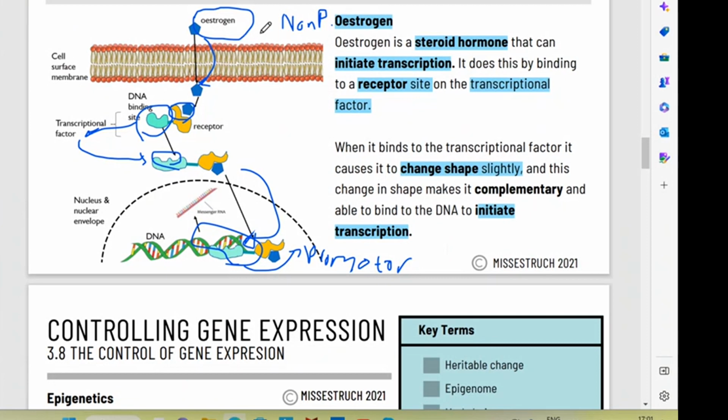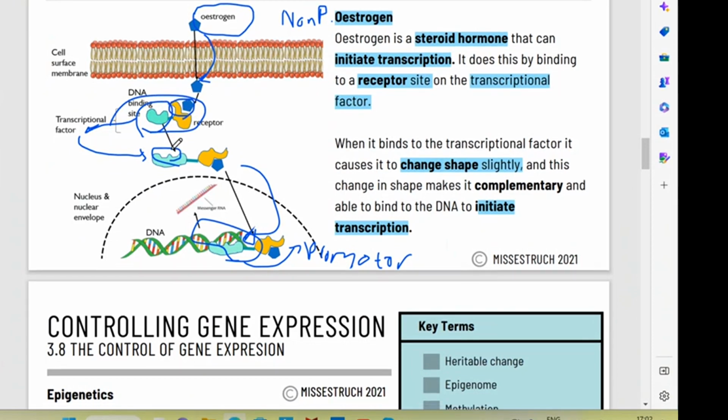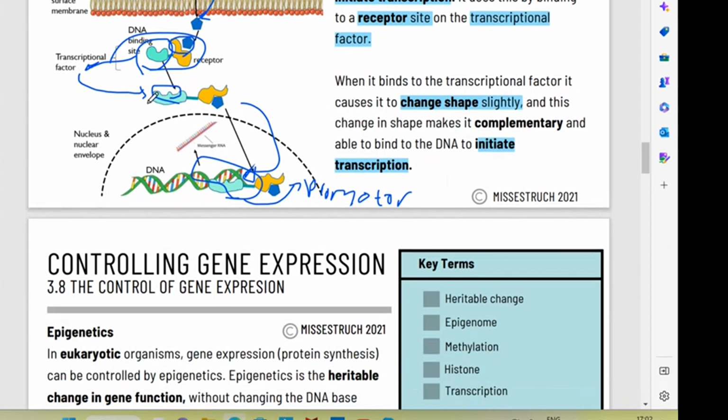In this visual image, it just looks like a line, but all that is one molecule. So that binds to the receptor, and that will change the shape of the transcriptional factor slightly. So that will then enable bases of the DNA to bind to the transcriptional factor.